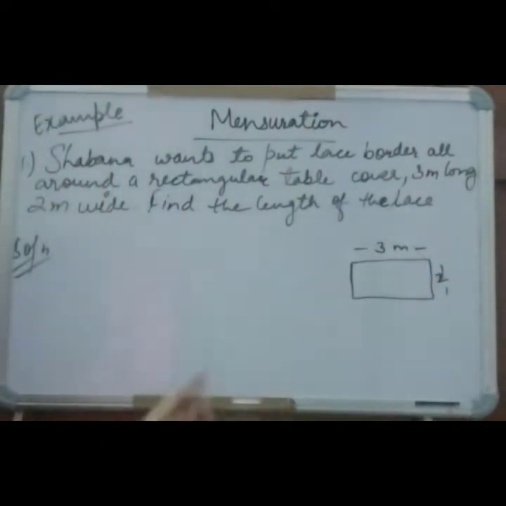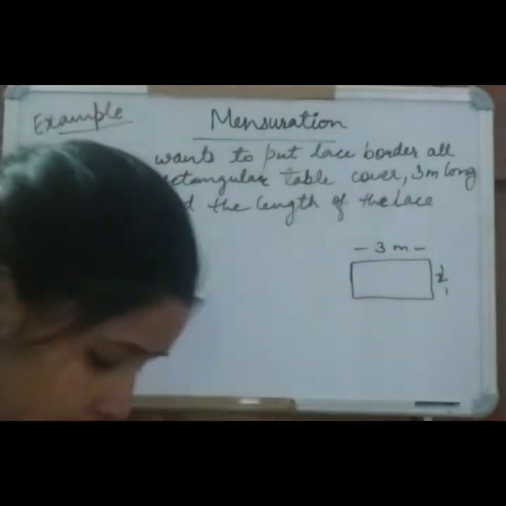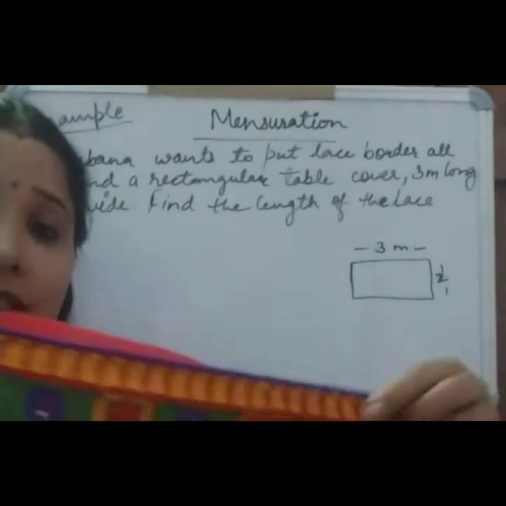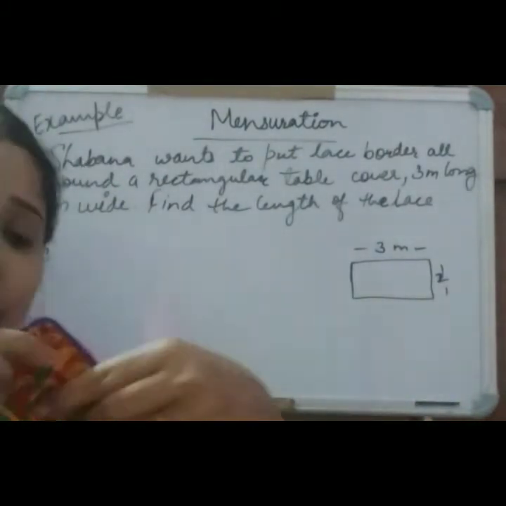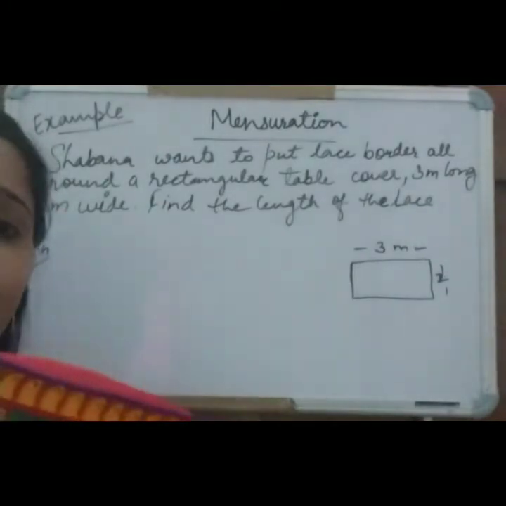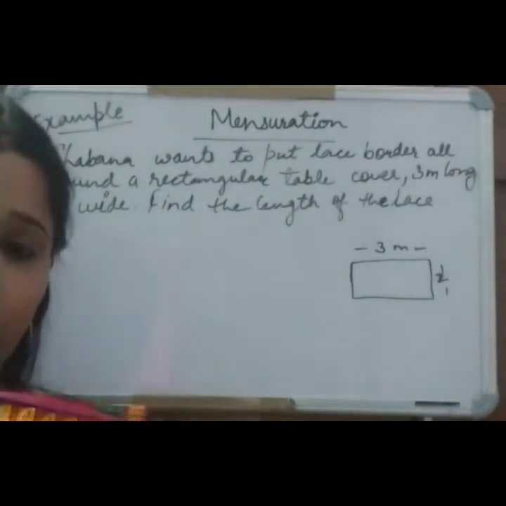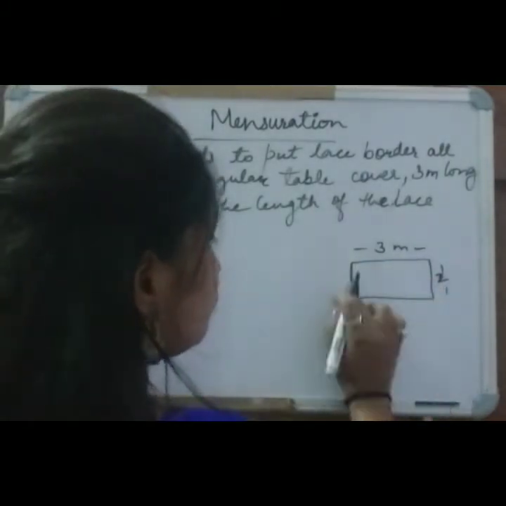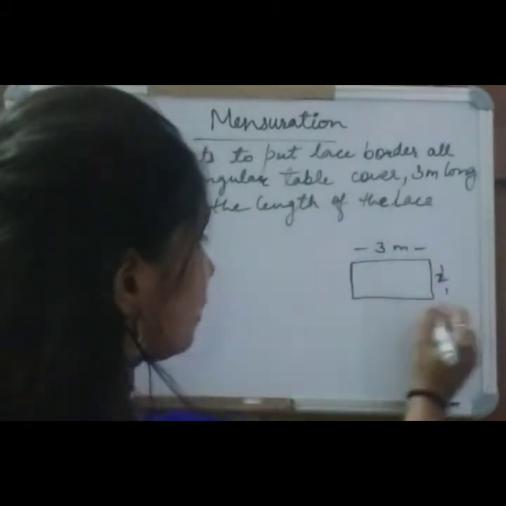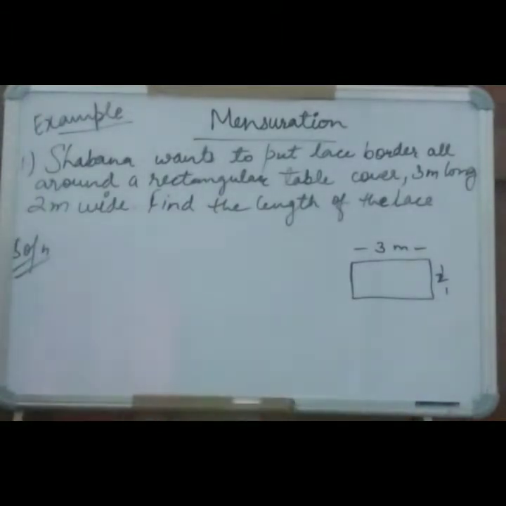Now we have to find out the length of the lace. So again it is the same as the sari border. I have to find the length of this lace, so I will just find out the perimeter.